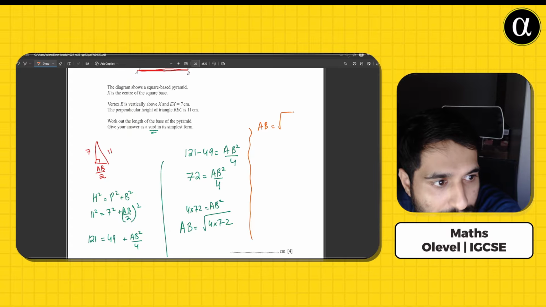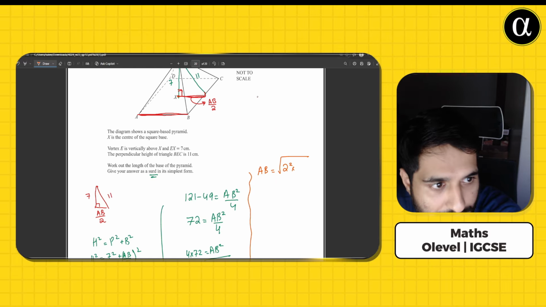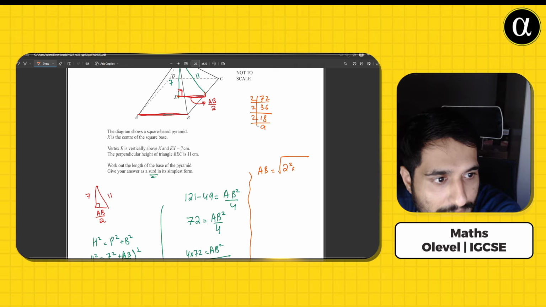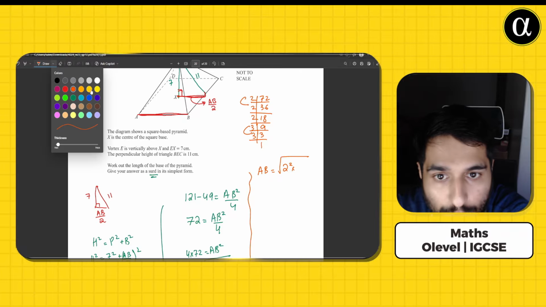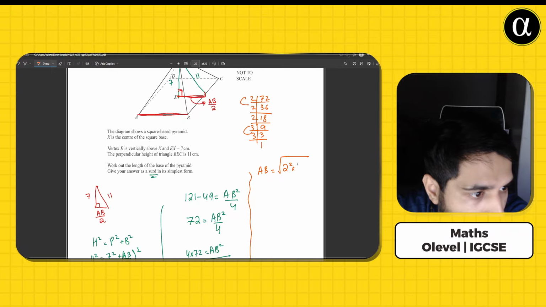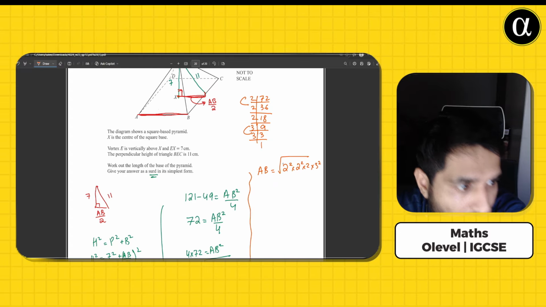AB is equal to 2 squared into, and then we simplify 72 in terms of prime factors. 72 divided by 2 is 36, further divided by 2 gives us 18, further divided by 2 gives us 9, then divided by 3 gives us 3, and by 3 gives us 1. So that means it's 2 squared, 3 squared, and a lone 2. So it's going to be 2 squared into 2 into 3 squared.